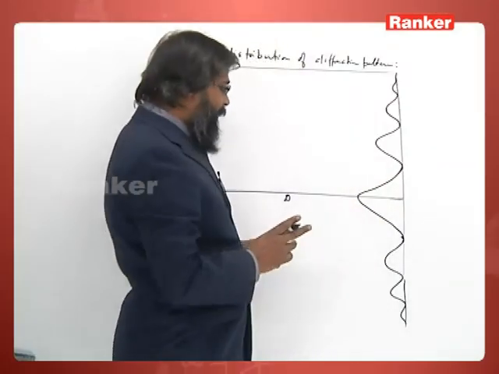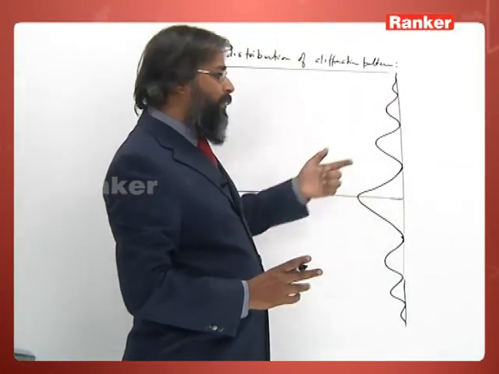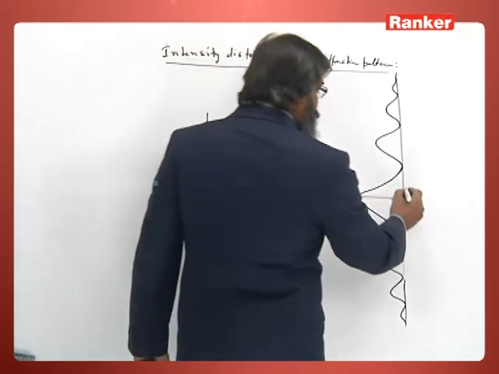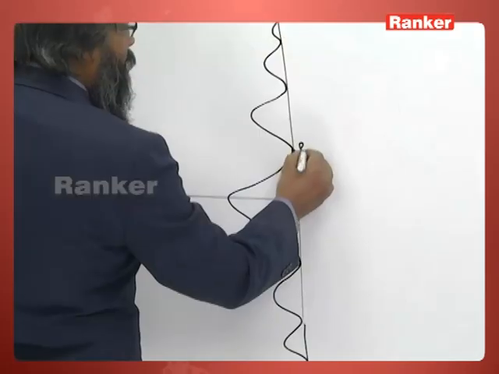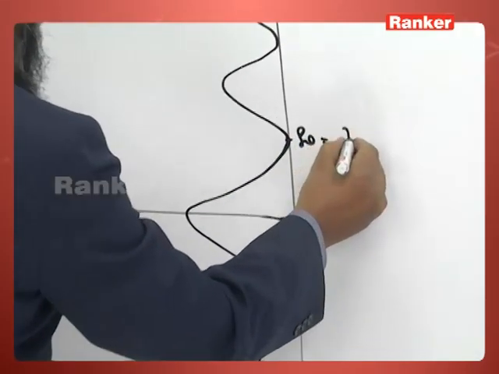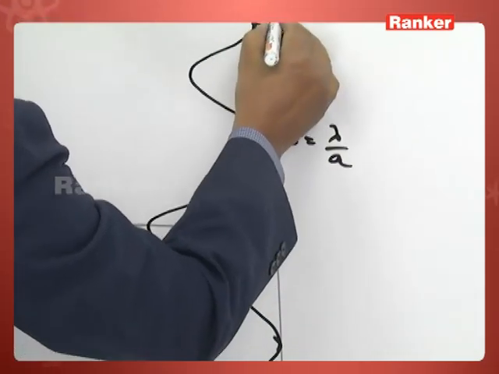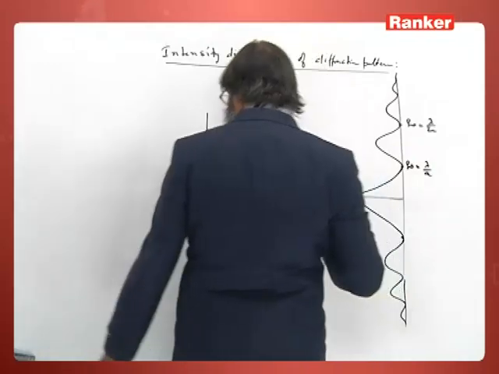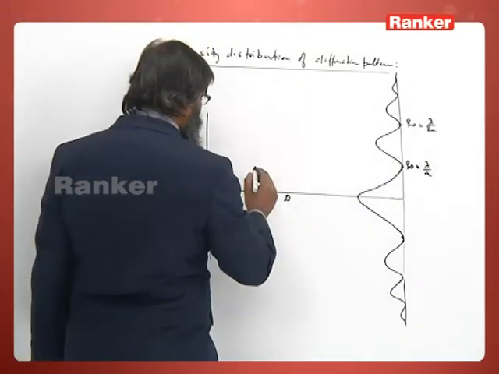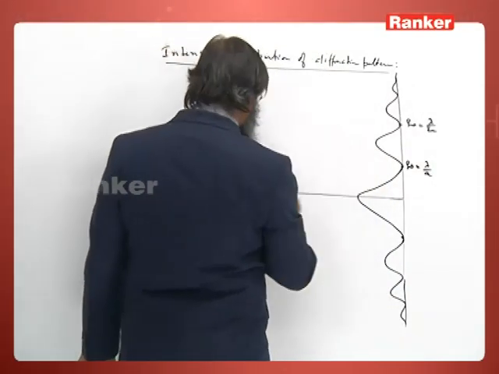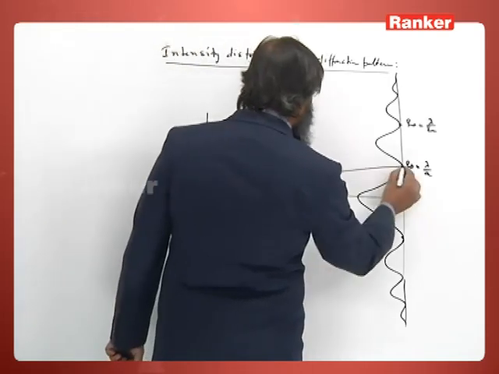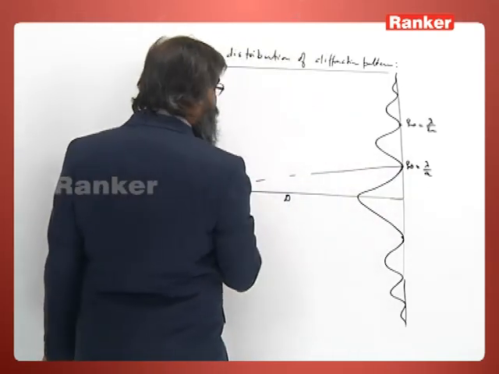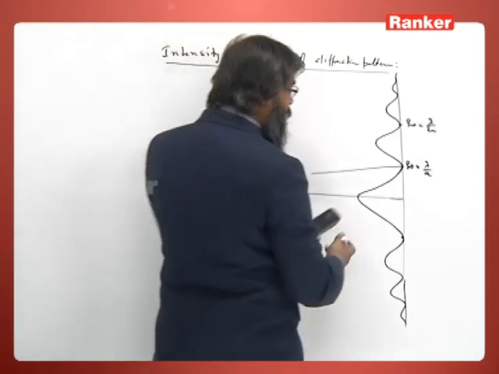Most of the energy will be within the central maxima. This is the position of sin theta is equal to lambda by a. This is sin theta is equal to lambda by 2a. So the angular position, angular position means the theta, is what we see here. Sin theta is equal to lambda by a.